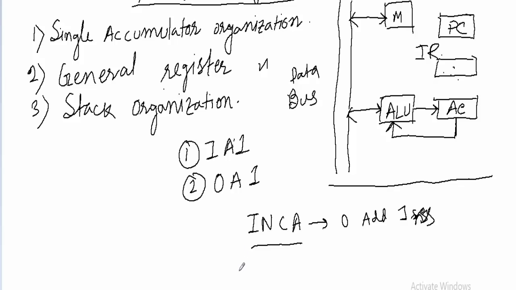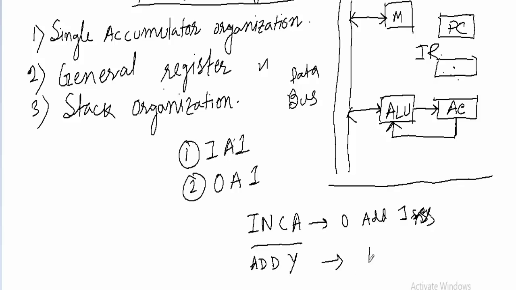Then an example of a one address instruction could be add y. That means add y with the value present in the accumulator and store it into the accumulator.